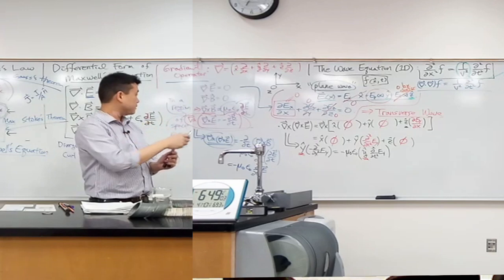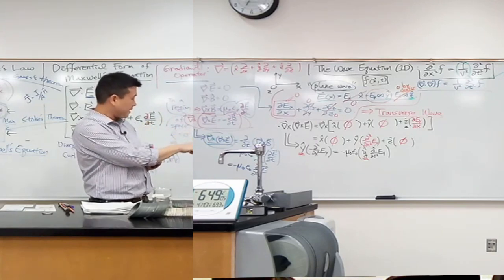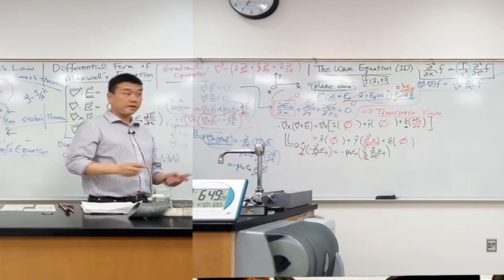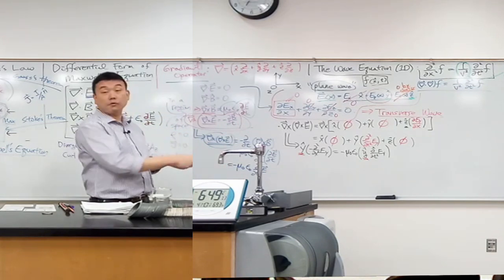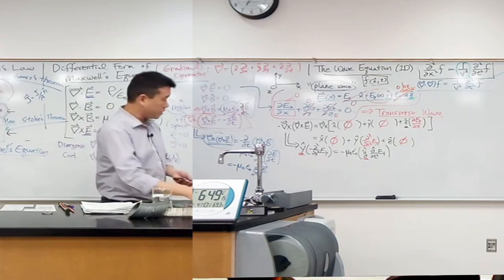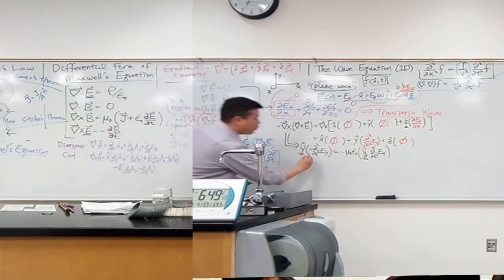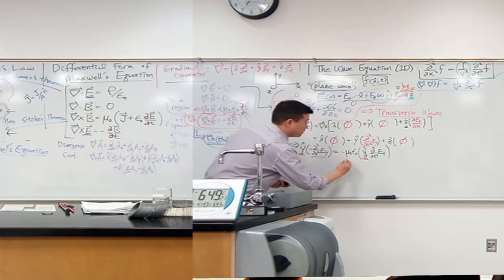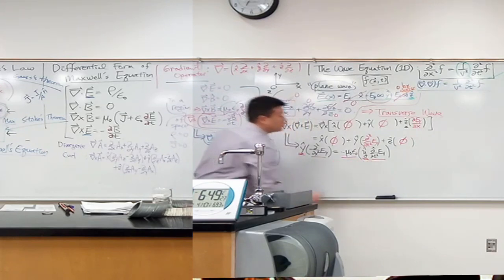So the only way the left-hand side can equal the right-hand side is if these two vectors point in the same direction. And they do. They both point in the y direction. And what you have is the wave equation in terms of the component, the y component on the left-hand side and the y component on the right-hand side.